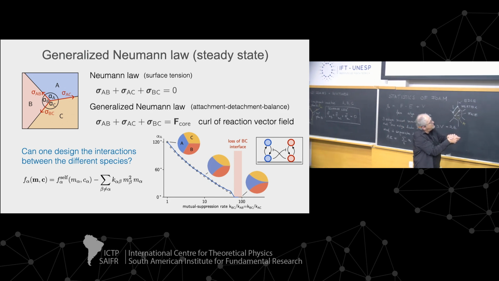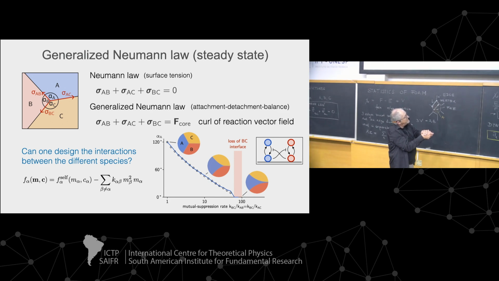There's another circuitry, I didn't really explain this well, but he changed the reaction rates in this circuitry, and by changing the reaction rates in the chemical reaction cycle, you can change the interface. You can make it such that this angle here becomes different from 120 degrees. It actually goes down and down and down up to a point where this angle vanishes.